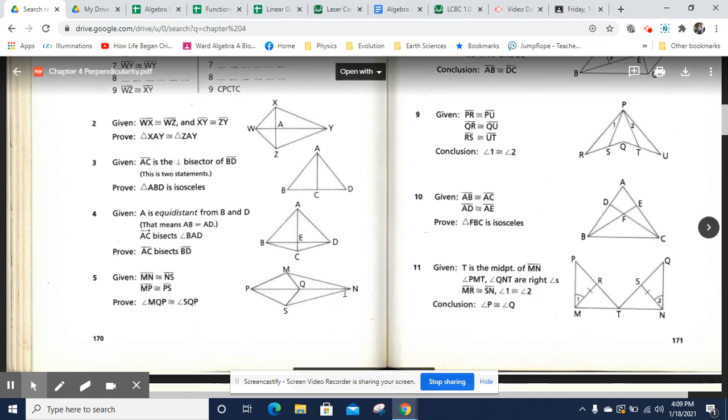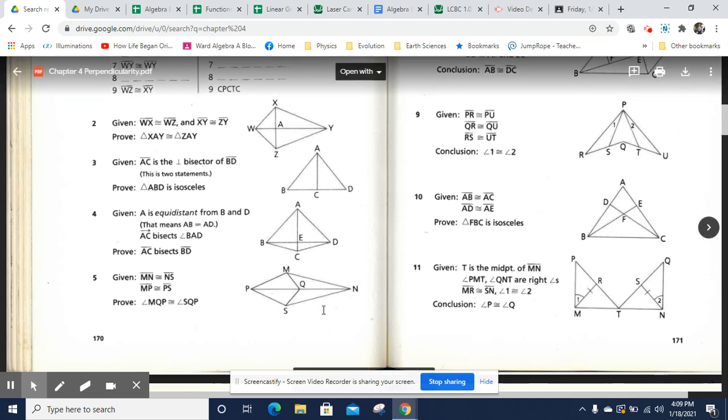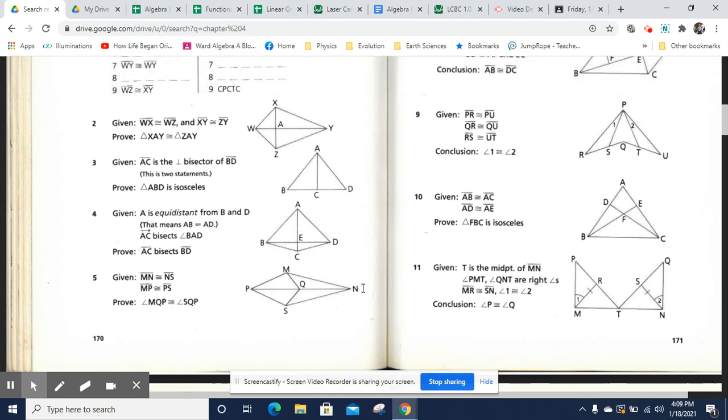We have MN is congruent to NS, I would say SN. You have MP and SP are congruent to each other. And those are your givens. We can, of course, assume from the diagram that PN is congruent to itself by the reflexive property, which will then allow us to prove that triangles PMN and PSN are congruent.